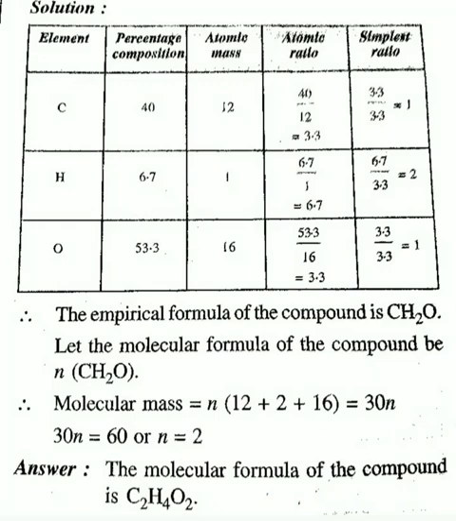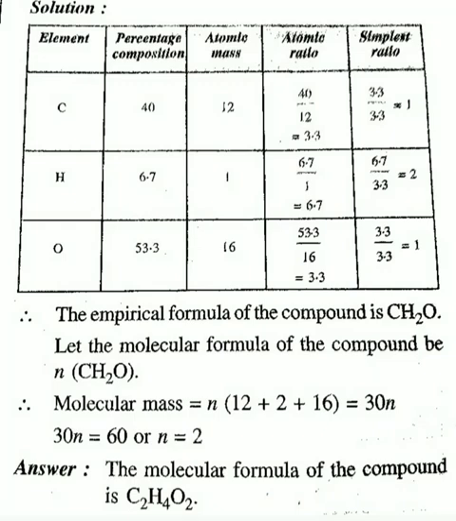In the second column, percentage composition: carbon equal to 40%, hydrogen equal to 6.7% and oxygen equal to 53.3%. In the third column, you write the atomic mass of each element, that is carbon equal to 12, hydrogen 1, oxygen 16.